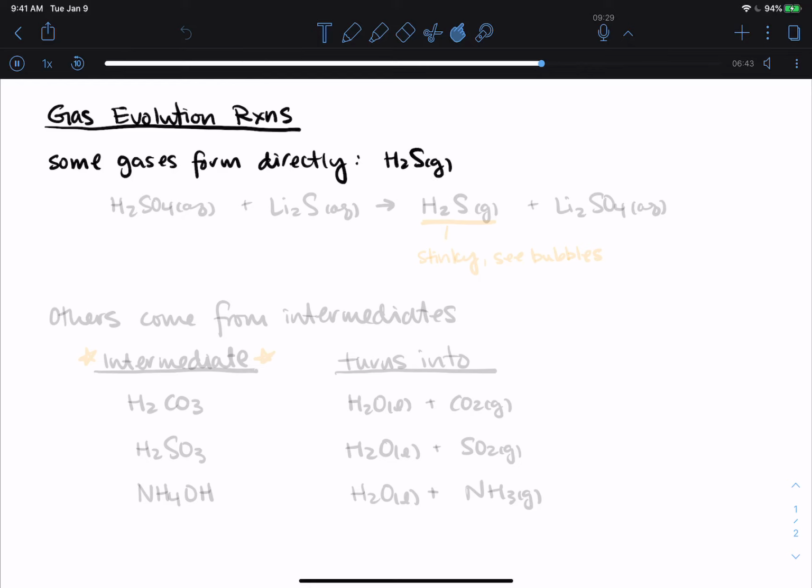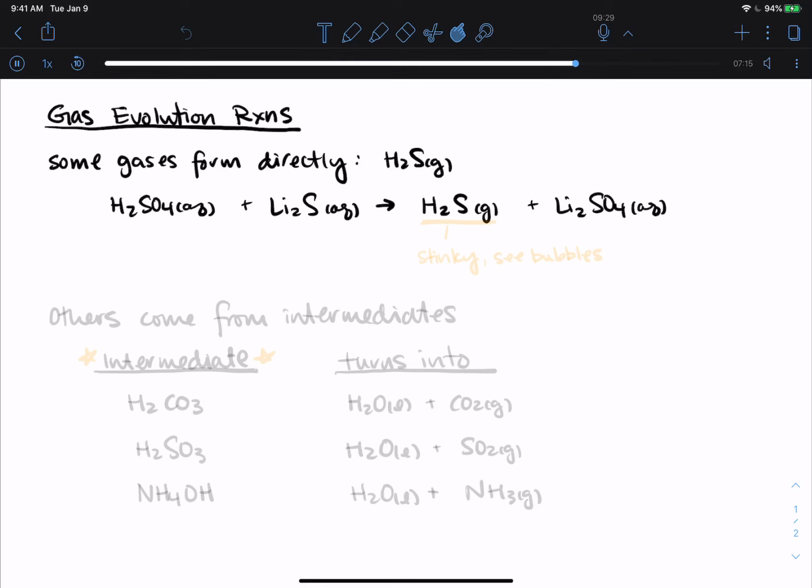So if we did something like mix H2SO4 aqueous with Li2S aqueous, these are both soluble compounds, so we write the ions, we swap partners, and for products we make H2S, which is a gas, and Li2SO4, which is aqueous.